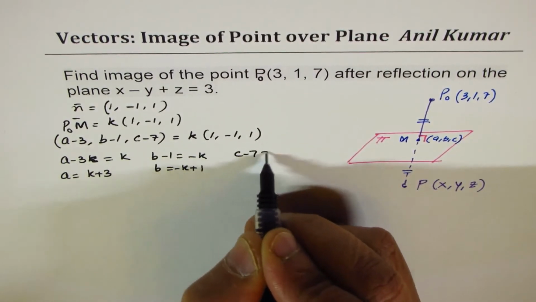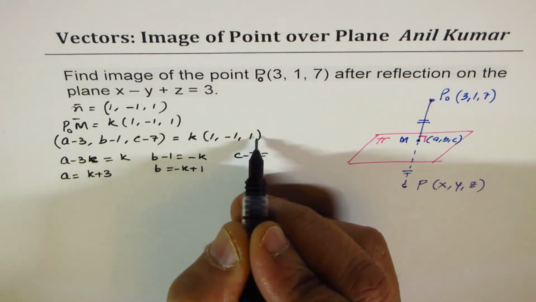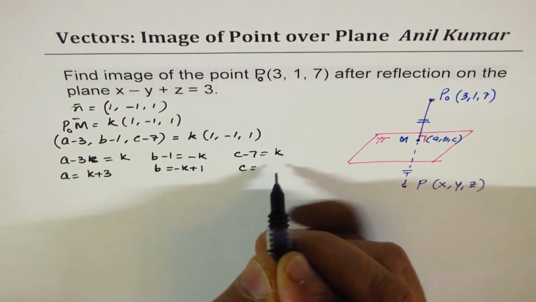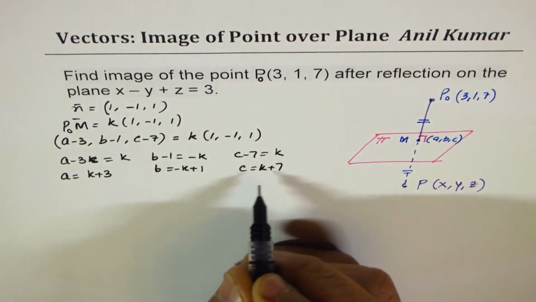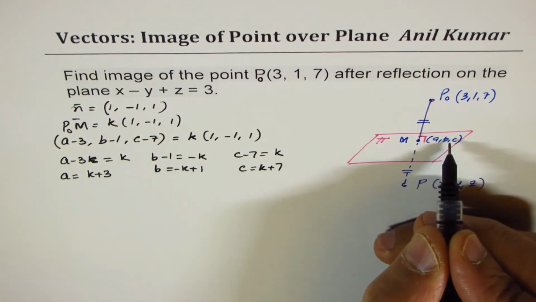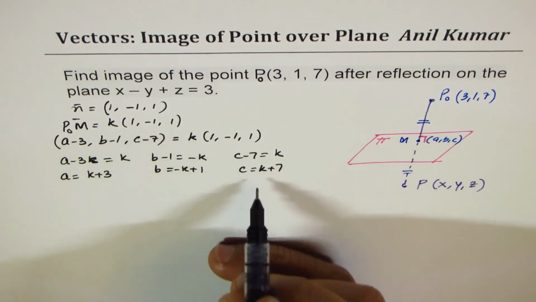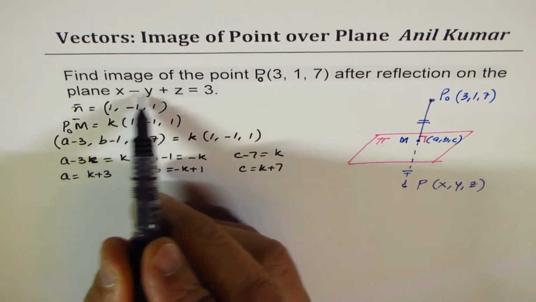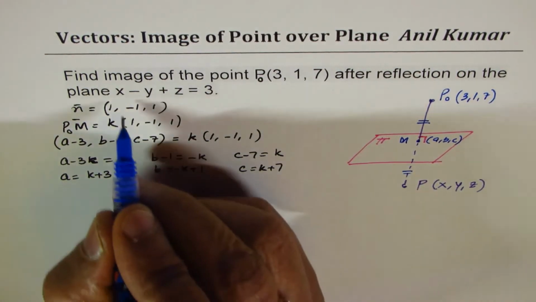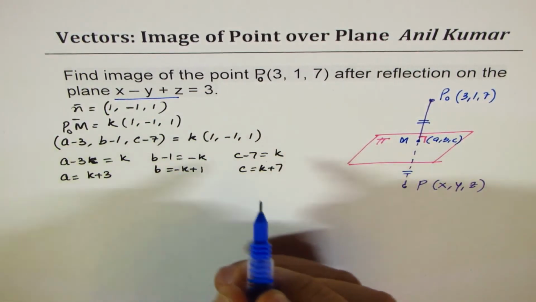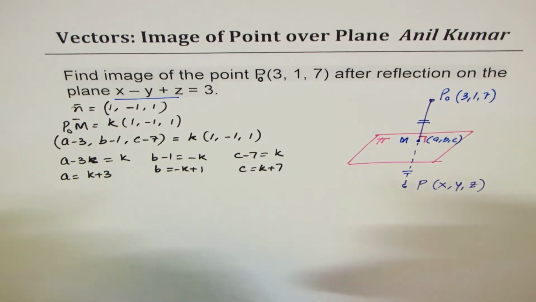And c minus 7 equals k, or c equals k plus 7. Now all these points a, b, c are on the plane also, so I can substitute them in the equation for x, y, and z and get the value of k.